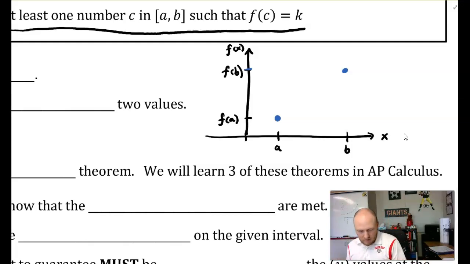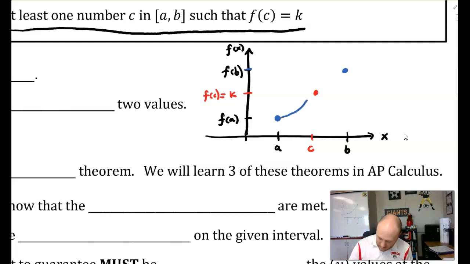The IVT uses these values, and it says, if there exists a k value, which is somewhere right here, there must be a c value somewhere in between a and b that gives us k. So f of c is k, and I'll plug this in here. This is f of c.